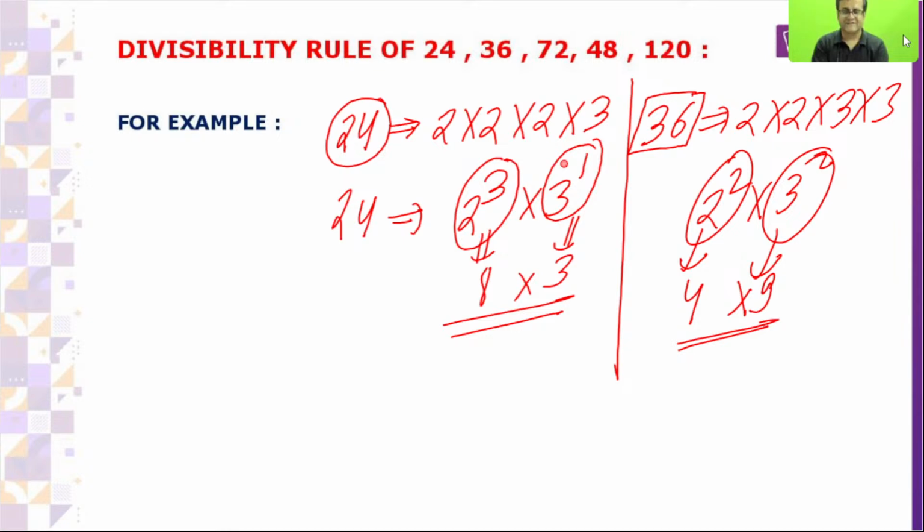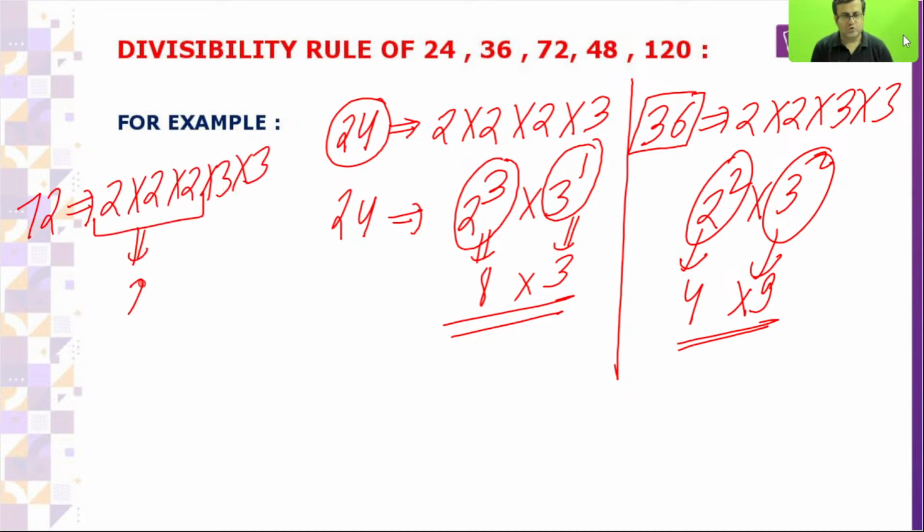Very good, Rishika. In case of 72, what will you do? 2 into 2 into 2, 3 into 3, 2 to the power 3, 3 to the power 2. If the number is divisible by 8 and divisible by 9, the number will be divisible by 72.